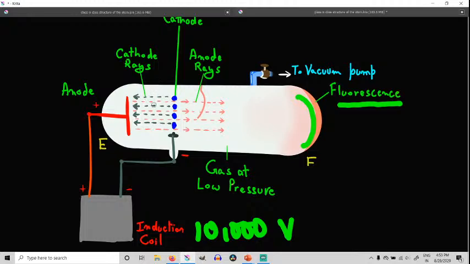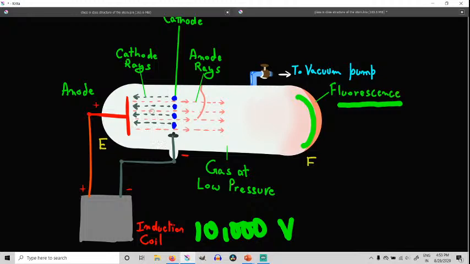It means they show deviation in the electrical field. And when you keep a magnetic field in the path, they will also show deviation. It means we can say that anode rays show deviation in the electrical field as well as the magnetic field.